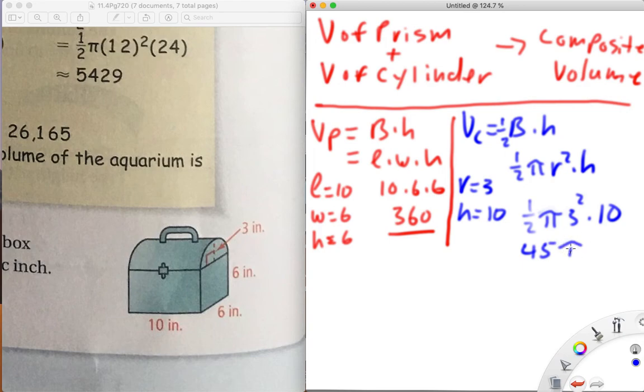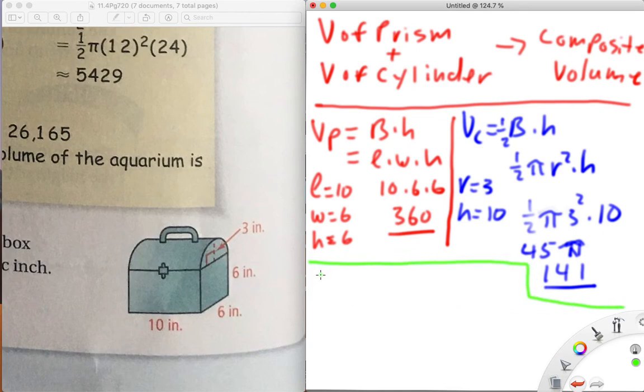45 pi. They want us to round it to the nearest cubic feet, so it's not going to be in terms of pi, so 45 pi is approximately 141. So we have the volume of the semi-cylinder, and we have the volume of the prism.